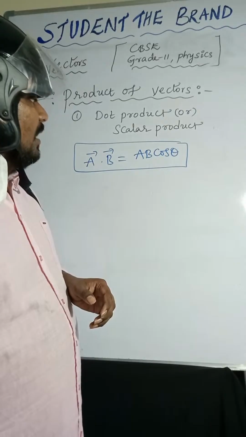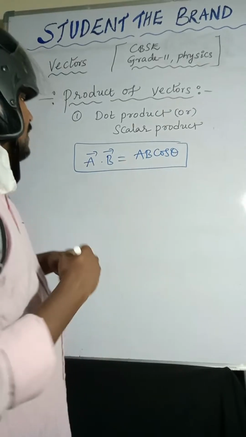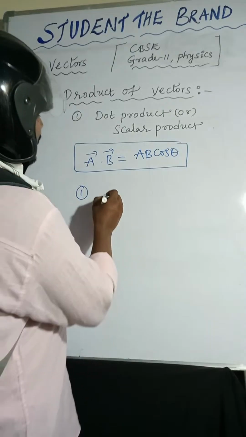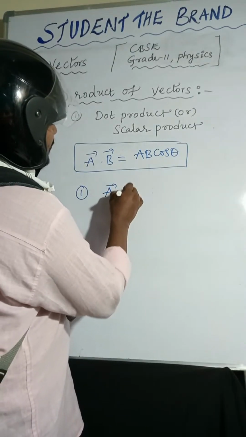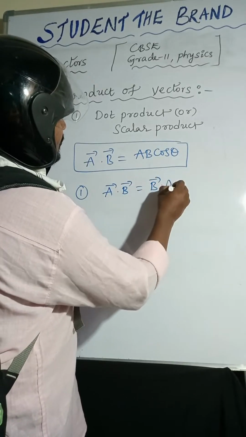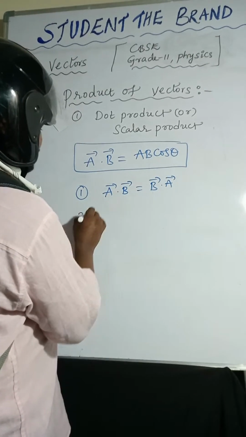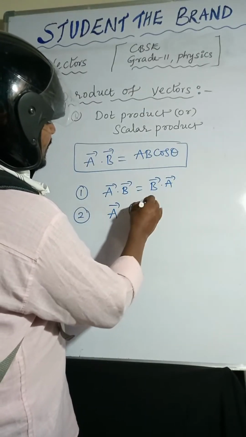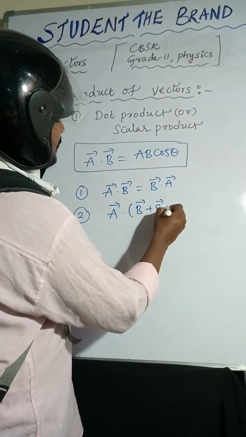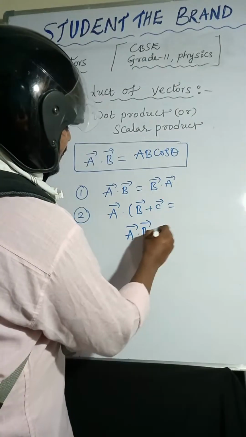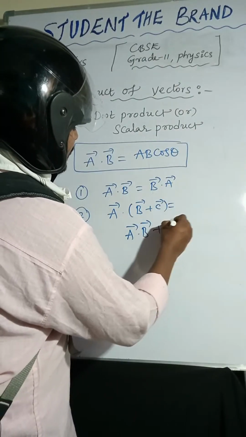Now the dot product follows the commutative law: A bar dot B bar equal to B bar dot A bar. It also follows the distributive law: A bar dot (B bar plus C bar) equal to A bar dot B bar plus A bar dot C bar.